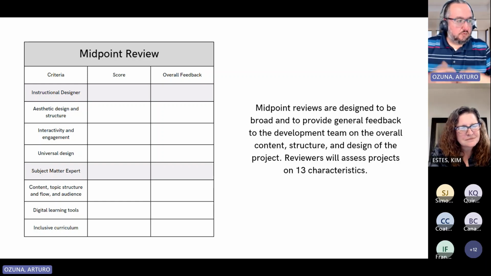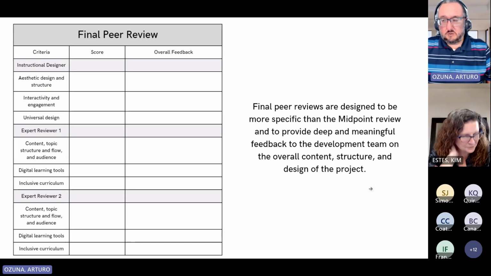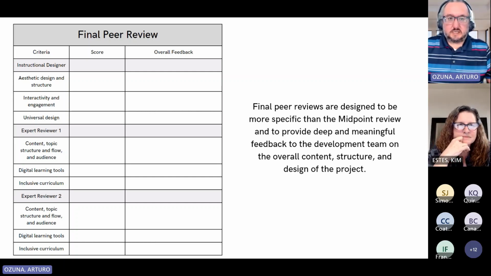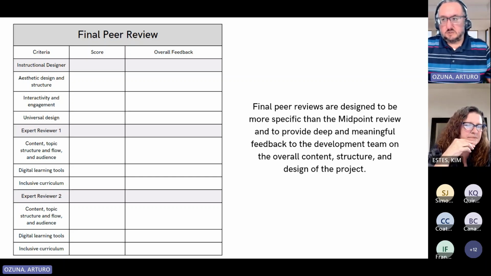So our midpoint reviews will be twofold, and the same with our final review, which will be a little more comprehensive. The midpoint will be almost like you either meet that standard or you don't. And then the final review will be more of a scoring system where there will be feedback and opportunity for the development teams to submit revisions based on that feedback.